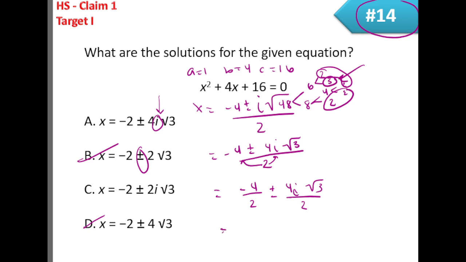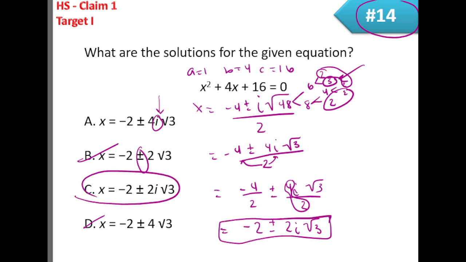Negative 4 divided by 2 is just negative 2 plus or minus 4 divided by 2 is just 2i square root of 3. Okay, so it's C.